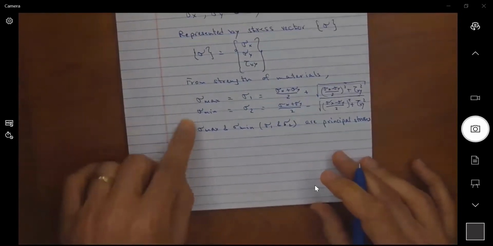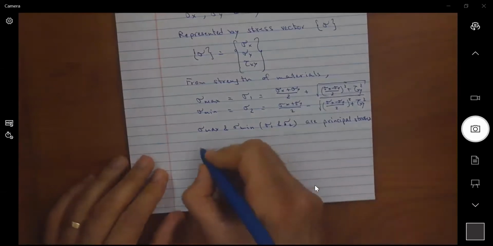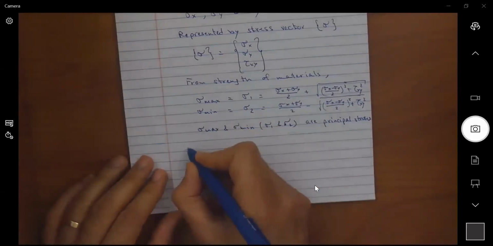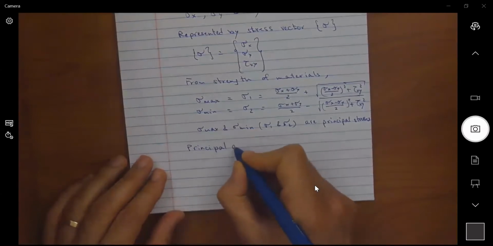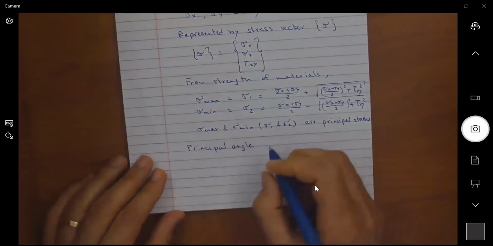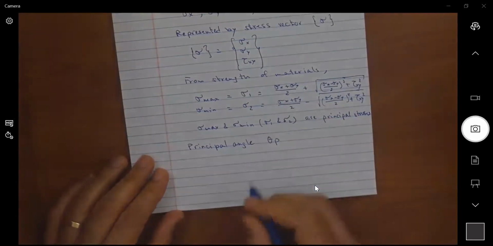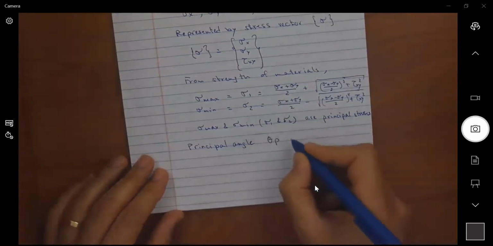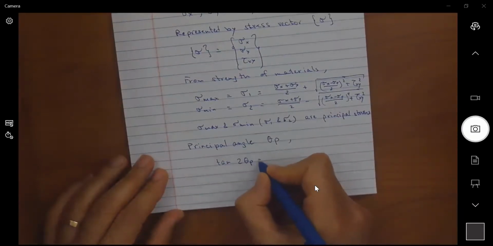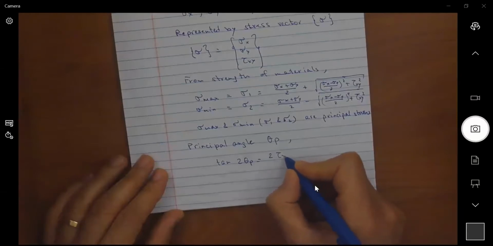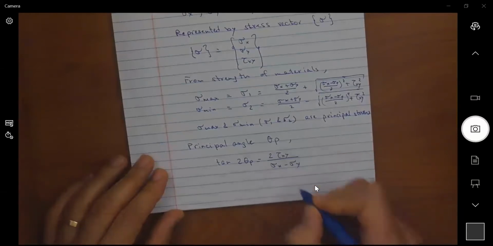These principal stresses are going to occur at a principal angle theta p, where tan 2 theta p is equal to 2 tau xy divided by sigma x minus sigma y.